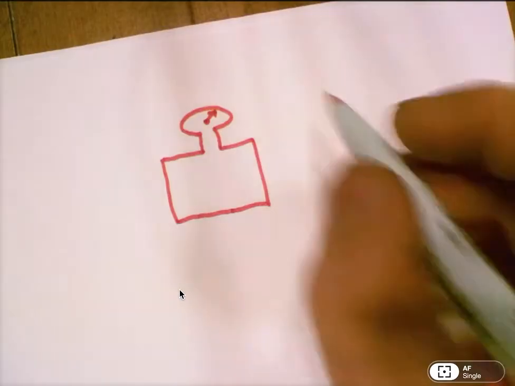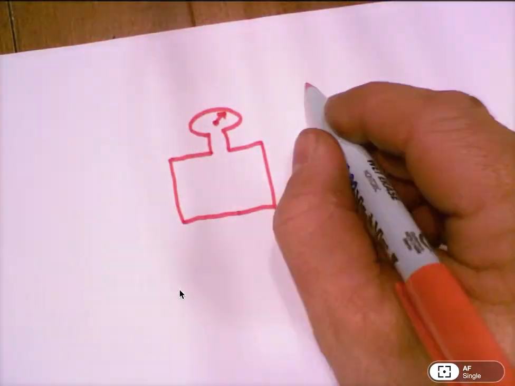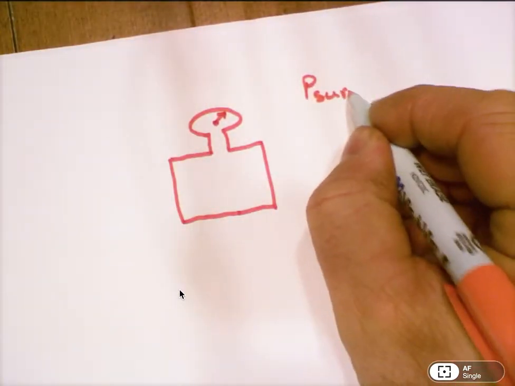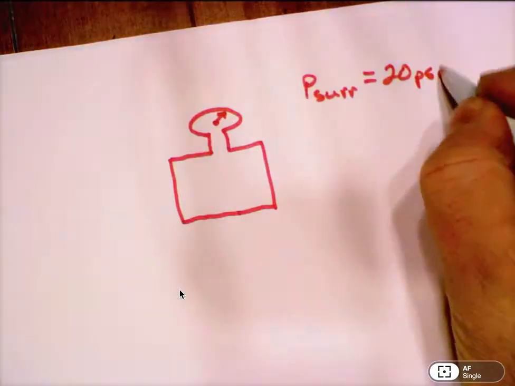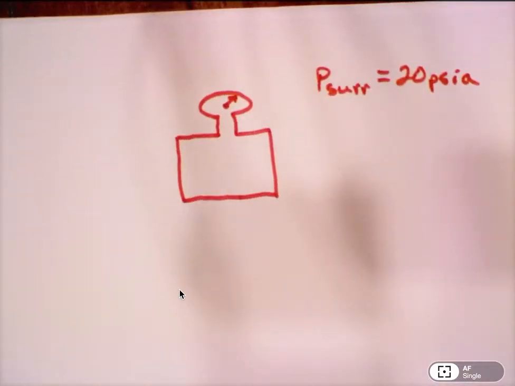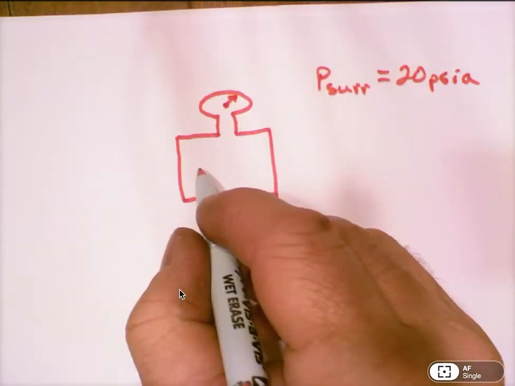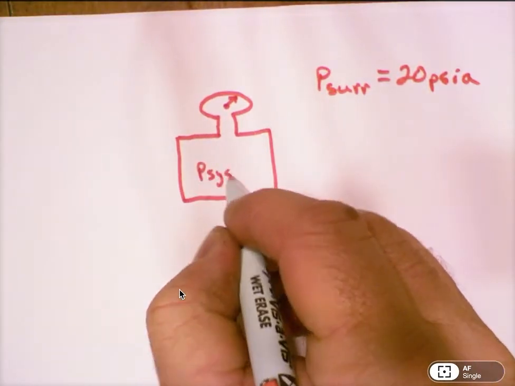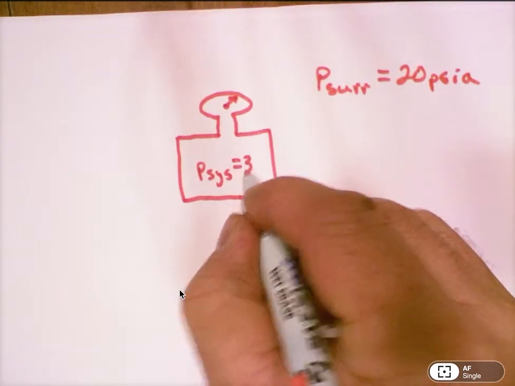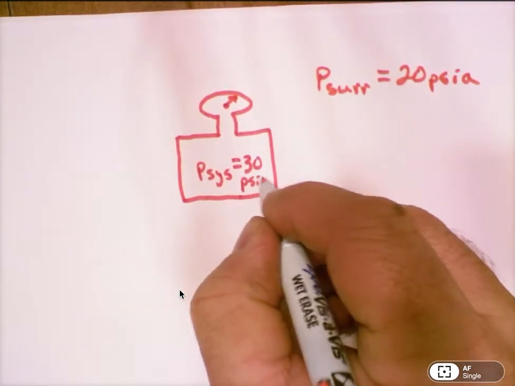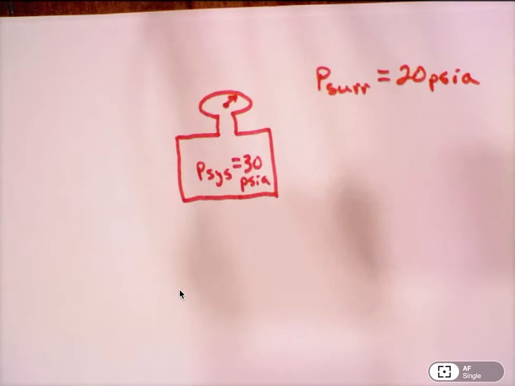And let's say that the pressure of the surroundings, the pressure out here, is equal to 20 psia. And the pressure of the system is 30 psia. What does the gauge read?